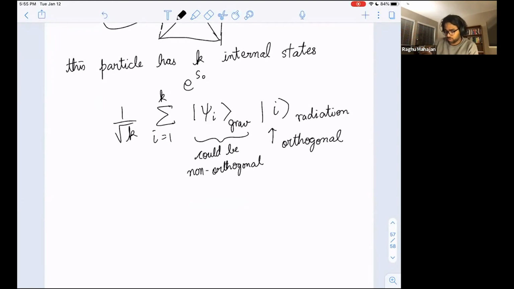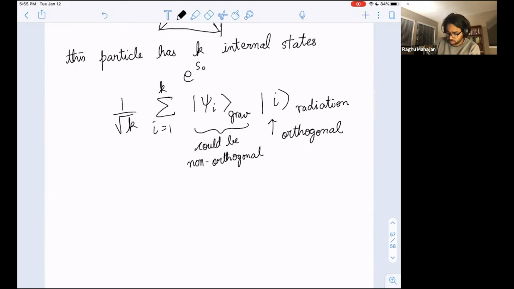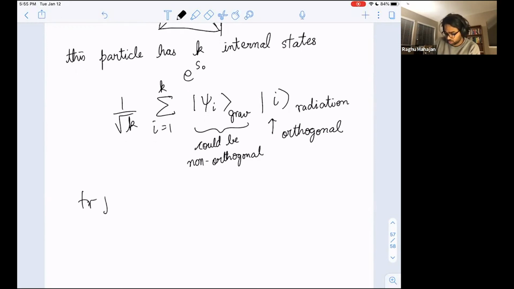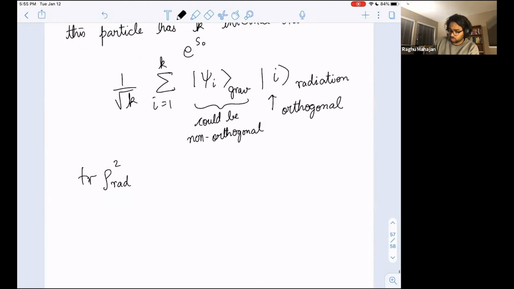But we won't, again, compute the entropy here. We will just compute the purity. So we just want to compute the trace of rho radiation squared. First we can compute rho radiation. For that, we need to take the bra and the ket of the state psi, and do the partial trace over the gravitational system.